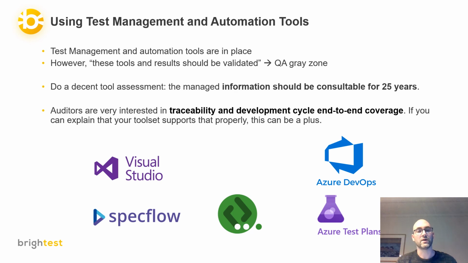For those criteria, we developed acceptance tests, BDD tests in SpecFlow, and those were synced with Azure Test Plans automatically to have the results and everything together. So from the user story until the test result, everything was linked and could be retrieved properly. So that gives auditors confidence in the digital systems.